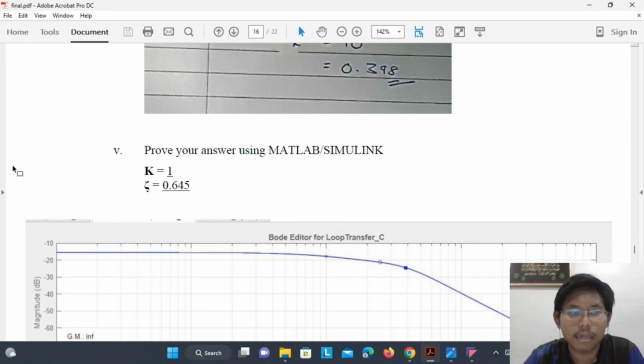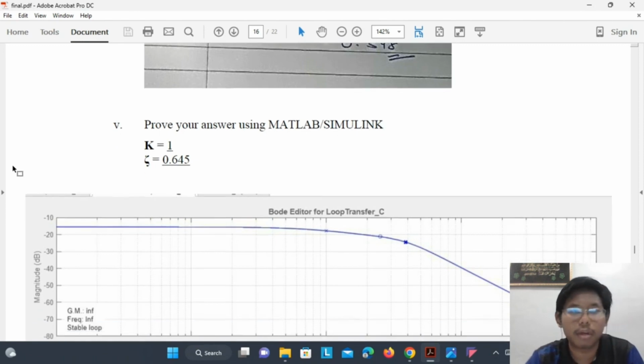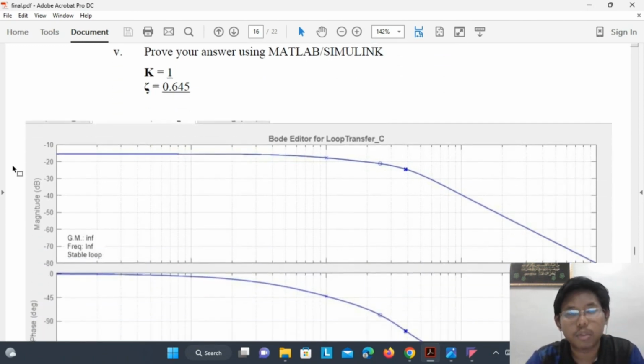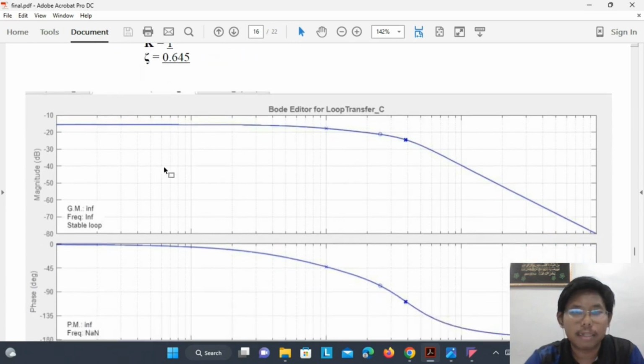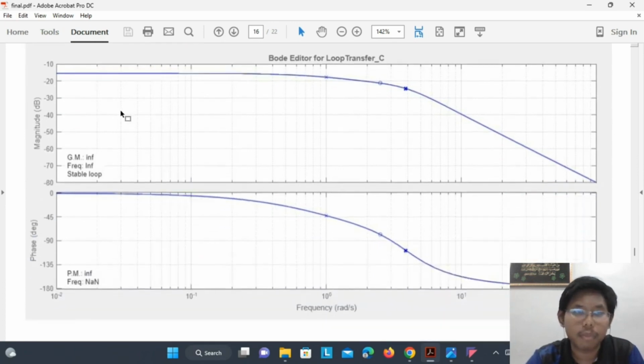For this question, we have used MATLAB software with the rltool command. First, for K equal to 1, we got this Bode plot with both gain margin and phase margin infinity.